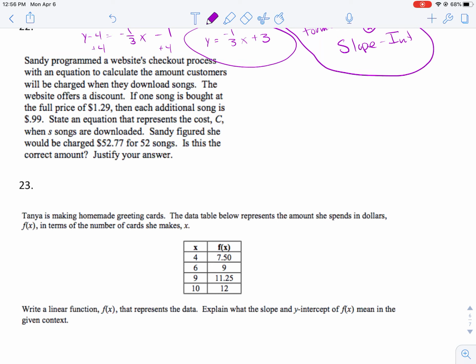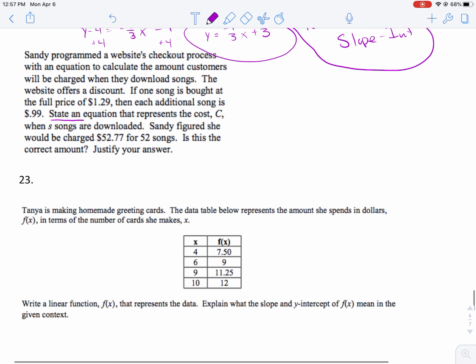State an equation that represents the cost C when S songs are downloaded. Sandy figured she would be charged $52.77 for 52 songs. Is this the correct amount? Justify your answer.